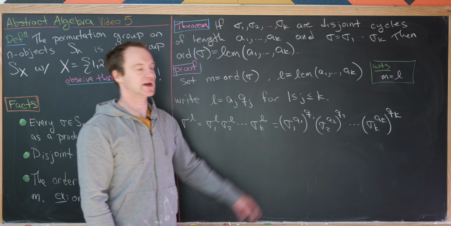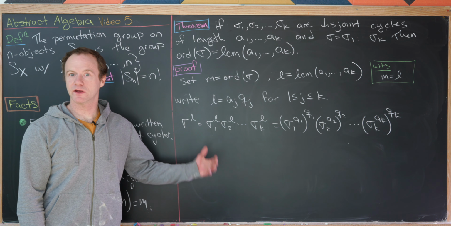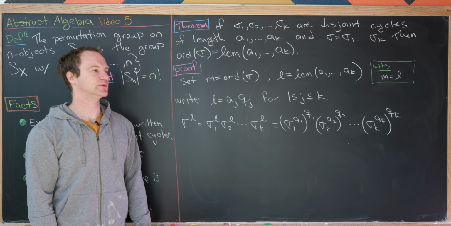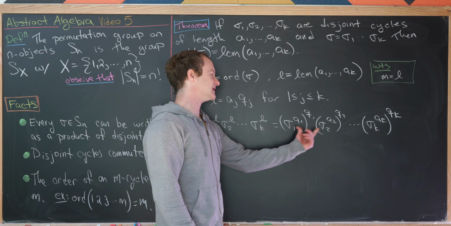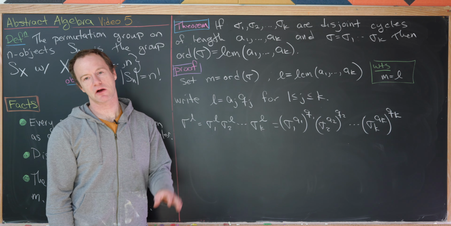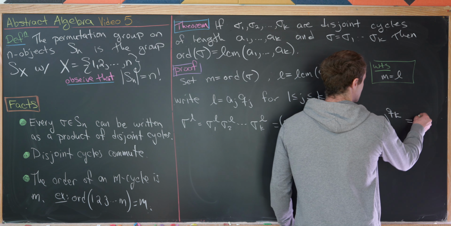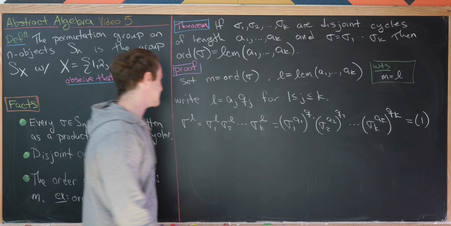So since sigma 1 is an A1 cycle, if we raise it to the A1, we compose it with itself A1 times, we get the identity. So this is the identity raised to the Q1 power, the identity raised to the Q2 power, all the way up. It's just a combination of the identity a bunch of times, which means here we get the identity.